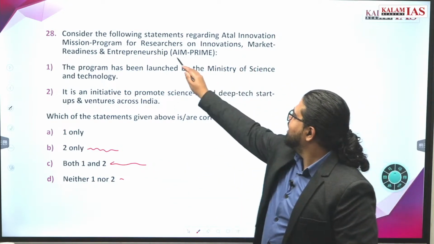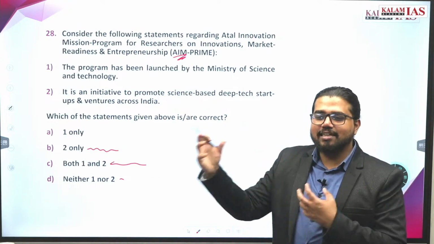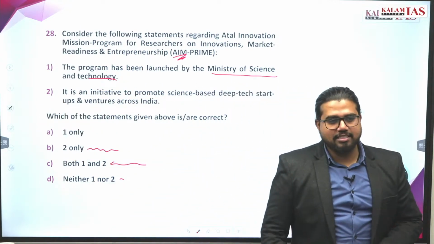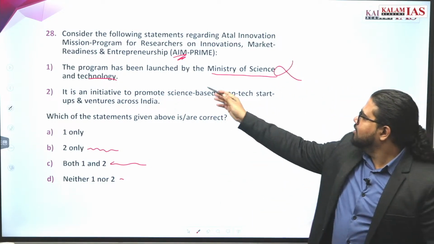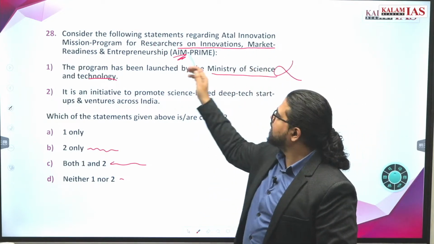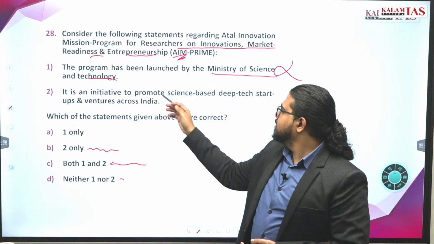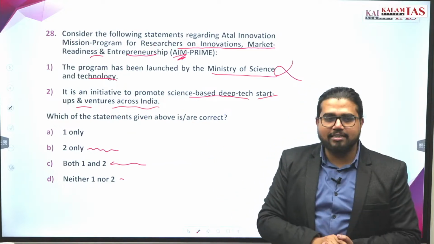Come on, the Atal Innovation Mission is a previous PYQ question too. It is implemented by Niti Aayog, not the Ministry of Science. So one is absolutely wrong. Now this is what it is: a program for researchers on innovation, market readiness, and entrepreneurship. And what is option B? Science-based deep tech startups and ventures across India.